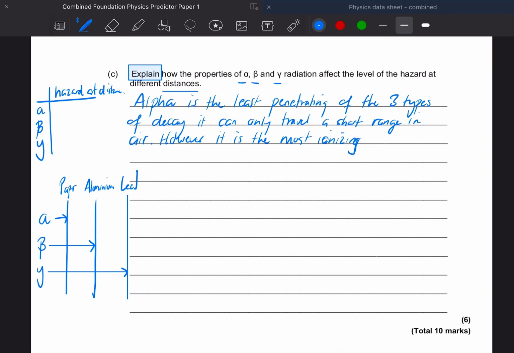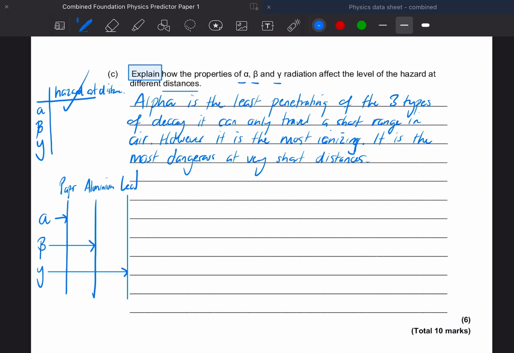So alpha is the least penetrating, but it is the most ionizing. So it is the most dangerous at very short distances. So I have talked about my hazard of distance of alpha. I said it's least penetrating, but it's the most ionizing, and it can only travel very short distances.